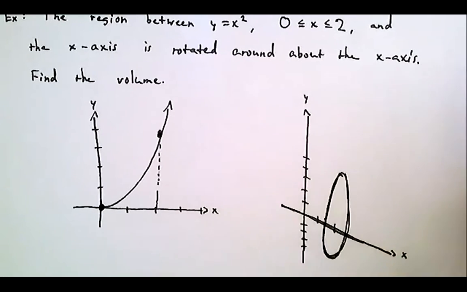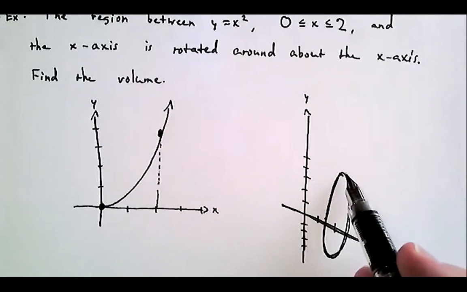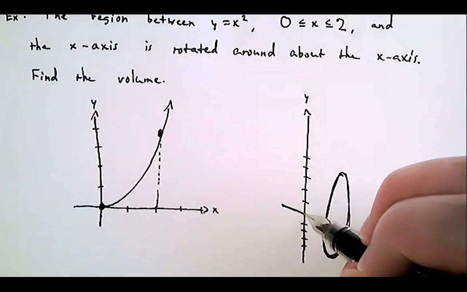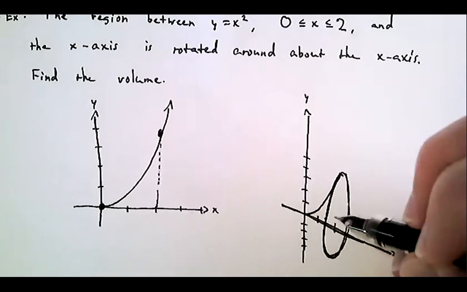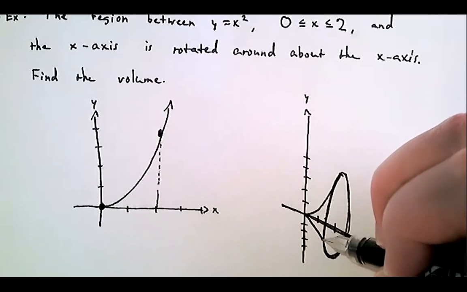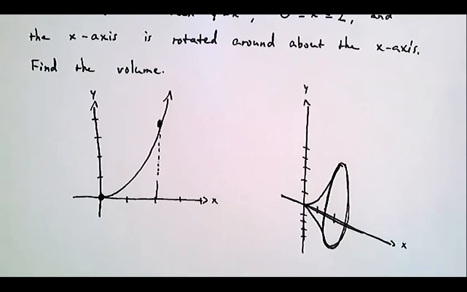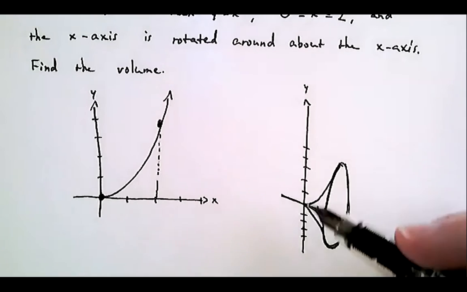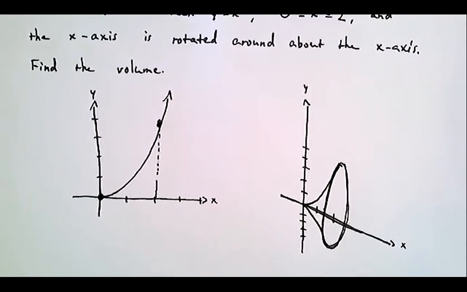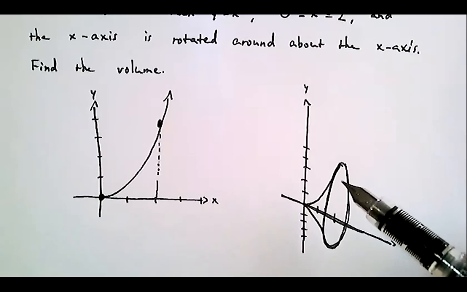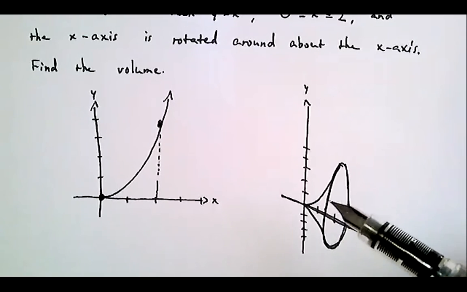We're looking at a side view, so it's an ellipse and not a circle. And then something like this. Not a perfect picture, but we can at least get an image in our minds of the three-dimensional object. So it's kind of a bell shape.